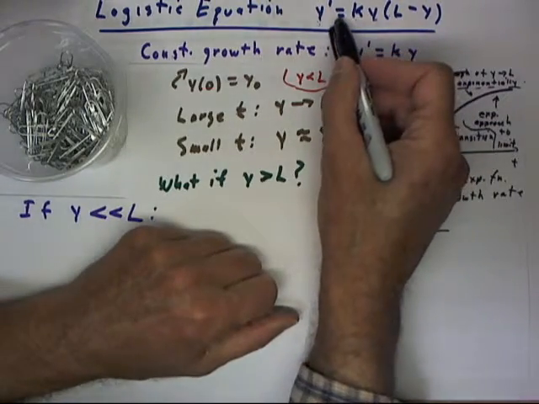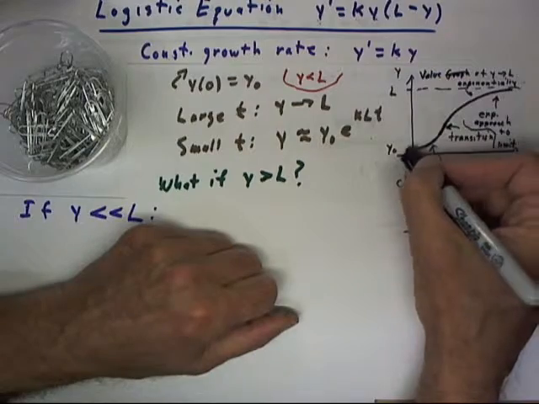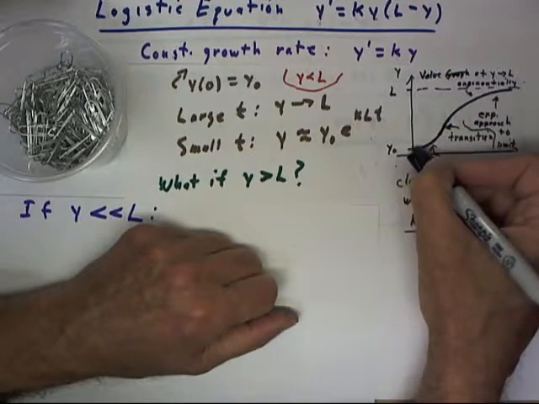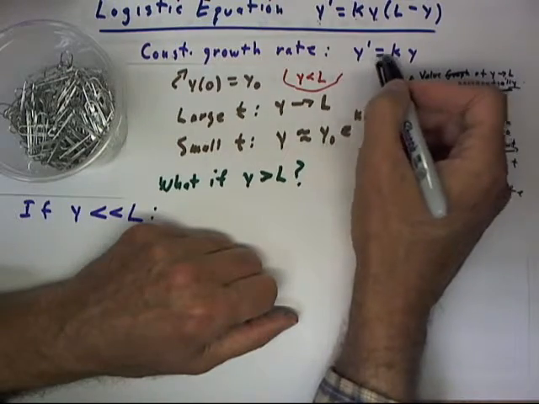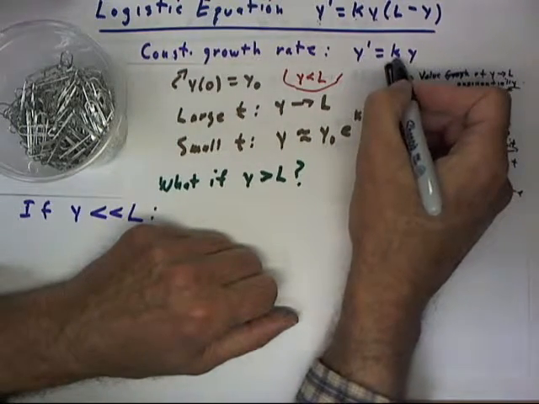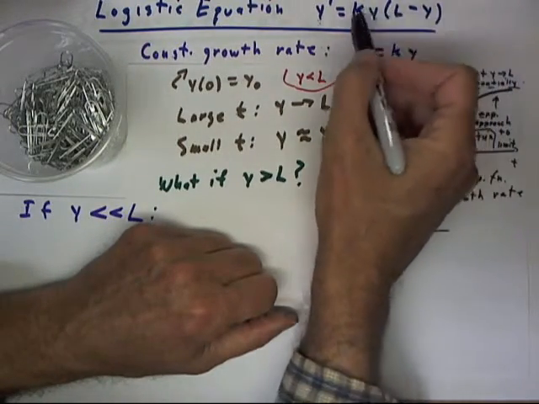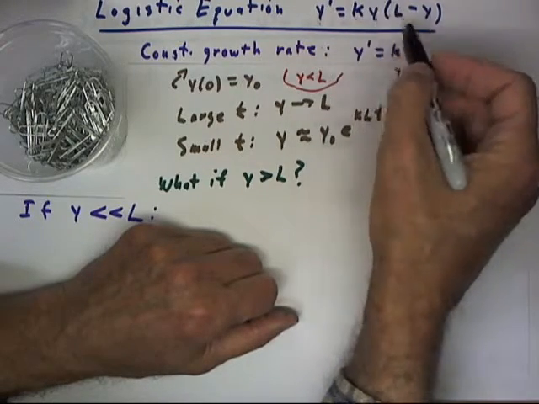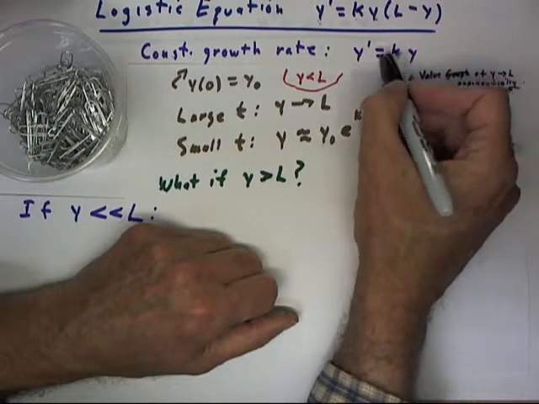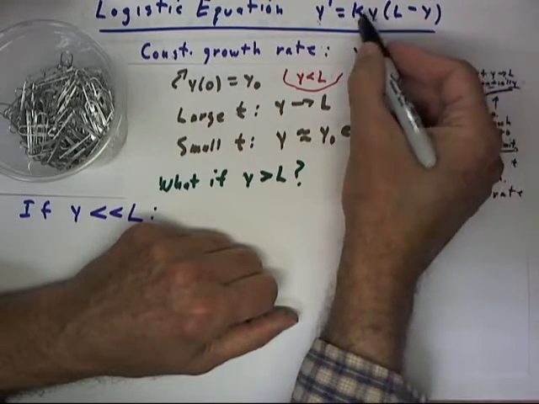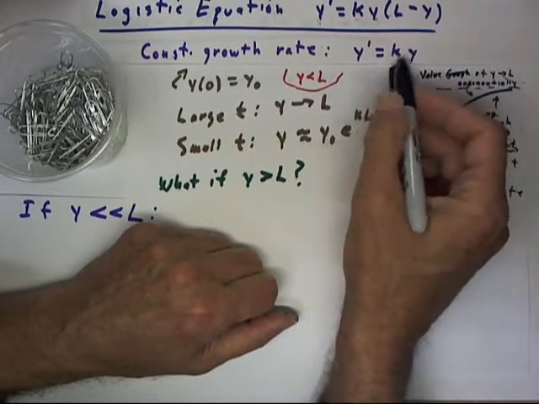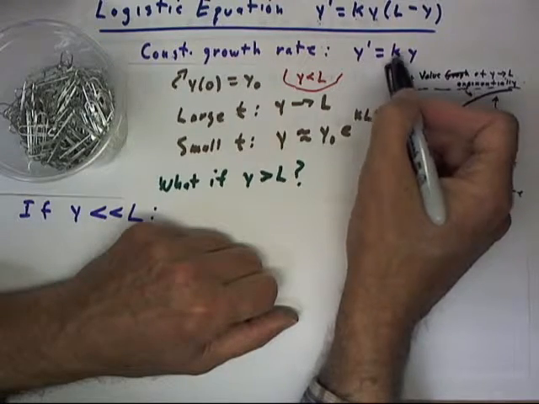We want to relate this behavior, especially the small y behavior, to the behavior of a function with constant growth rate y prime equals ky. Now, when I wrote the logistic equation after having shown the equation for the constant growth rate, I used the same constant here. There are many reasons why one might do that.